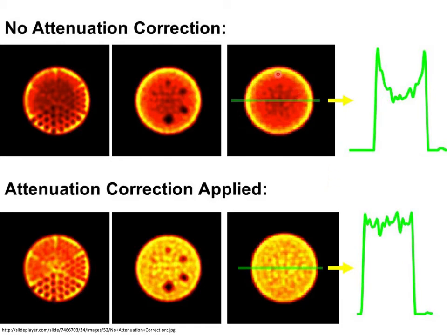This is obviously a big deal for perfusion imaging, because if you have differences of this much to this much, is it absorption or is it actual perfusion deficit? And one of the primary ways that these images are miscalled is when the geometry of the patient has some unknown absorption direction for whatever reason.